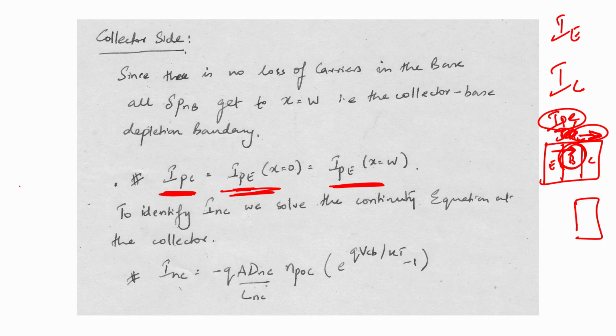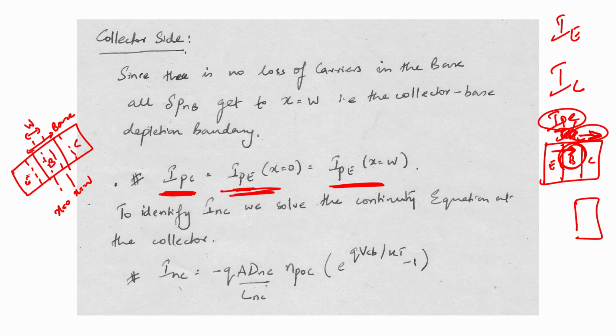Just to reiterate. You had your x equal to 0 boundary, and that is my x equal to W, that is the base width. This is the base, and you have your depletion boundaries here. The emitter base junction is forward biased. So, you have a lot of holes that came in, and we calculated the hole current here at x equal to 0.